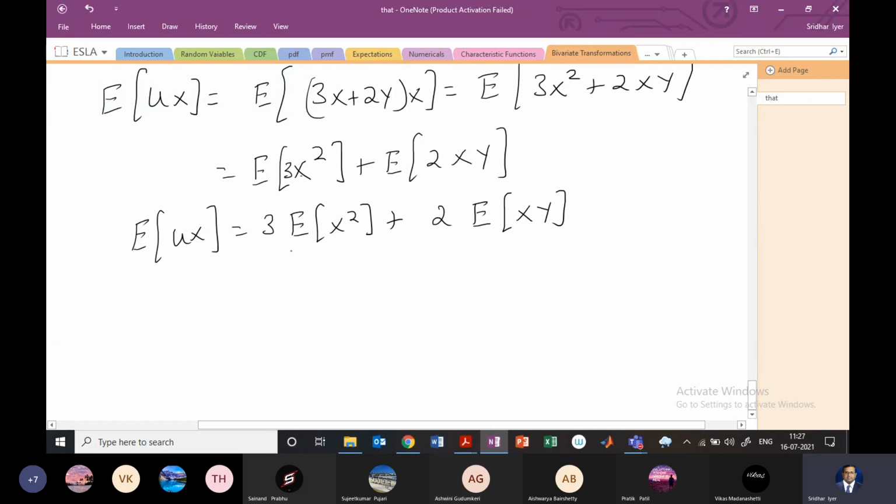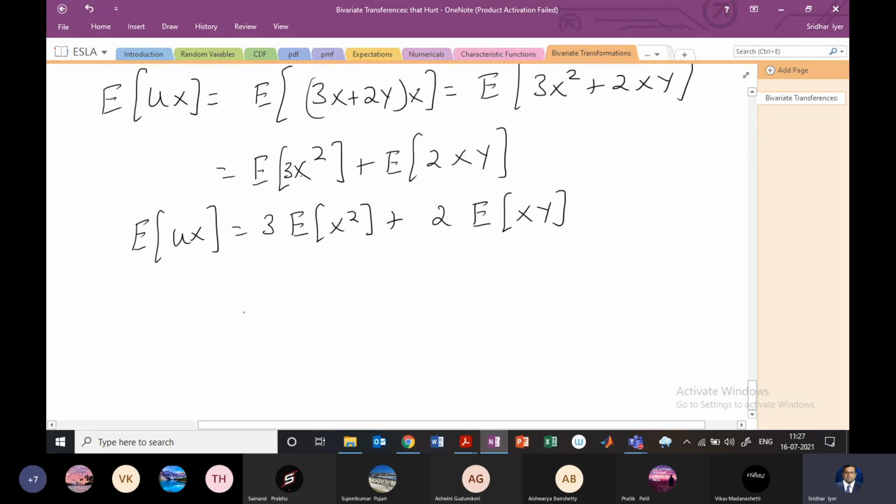How can we find this value, E of x square? Anybody? Any ideas? Okay, so let's see.